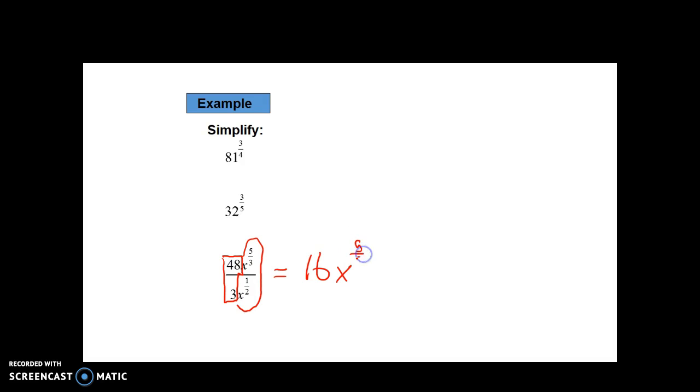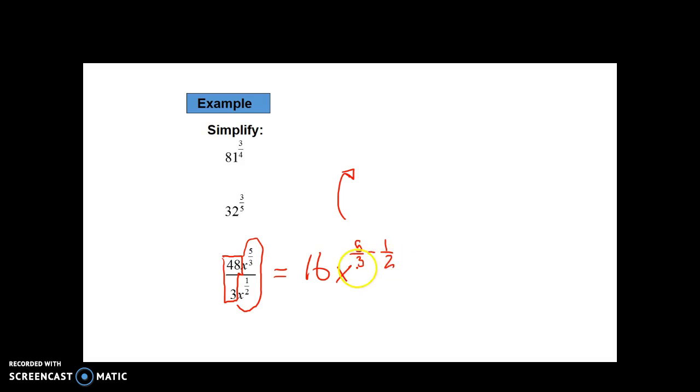We have 5 over 3 minus 1/2. Now this is a fractional problem. Keep in mind all this right here is the exponent. So I'm just going to write that up here a little bit bigger. Essentially, we need to have common denominators here. What's the least common denominator, the LCD, between 3 and 2?